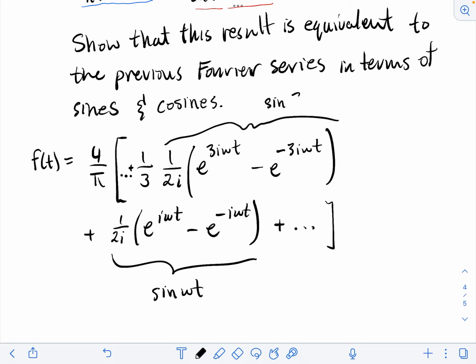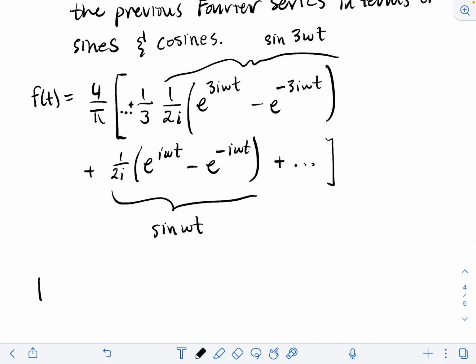And so what we're left with then is that f of t is equal to 4 over pi out front, and then we would have 1/3 of sine 3 omega t plus sine of omega t.